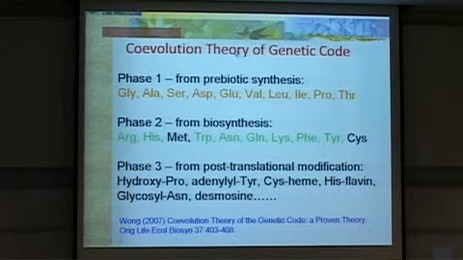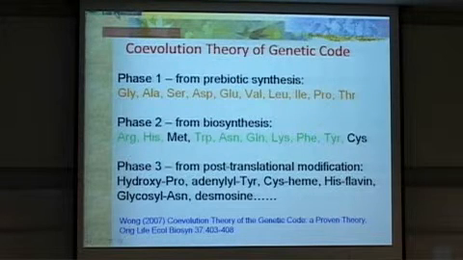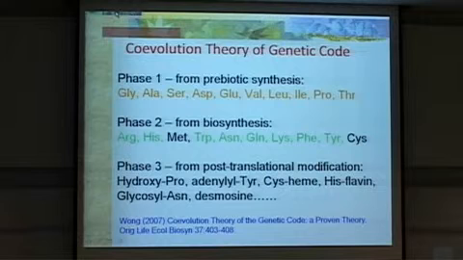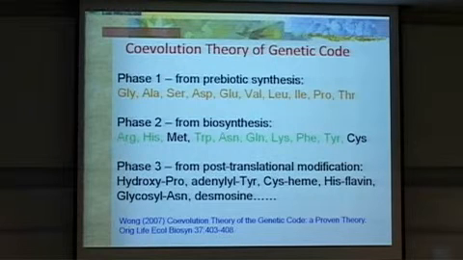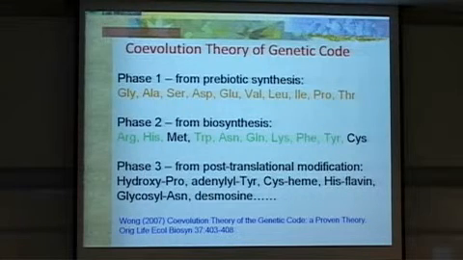And so from this basis, it was proposed some years ago that phase 1 amino acids come from prebiotic synthesis, phase 2 from biosynthesis, phase 3 from post-translational modification: hydroxyproline, glycosyl asparagine, and so on.